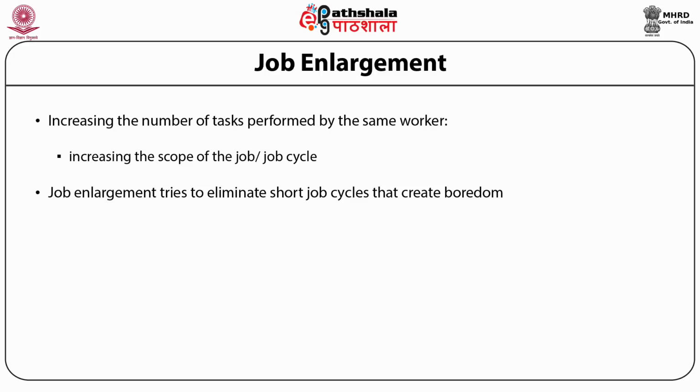Unlike job rotation, job enlargement actually increases the job cycle. When a job is enlarged, either the tasks being performed are enlarged or several short tasks are given to one worker. Thus, the scope of the job is increased because there are many tasks to be performed by the same worker.